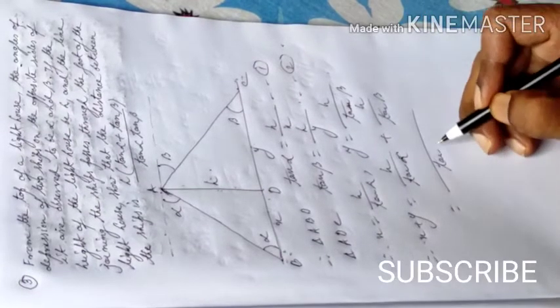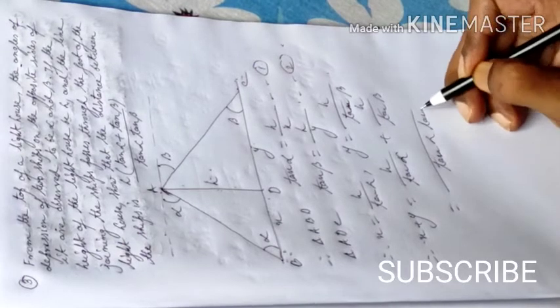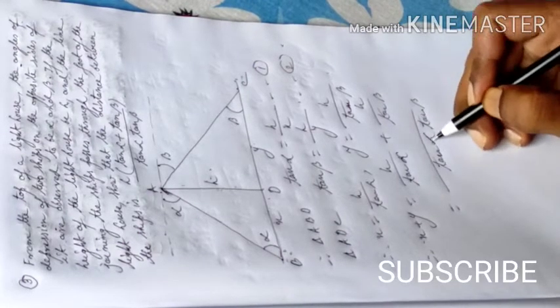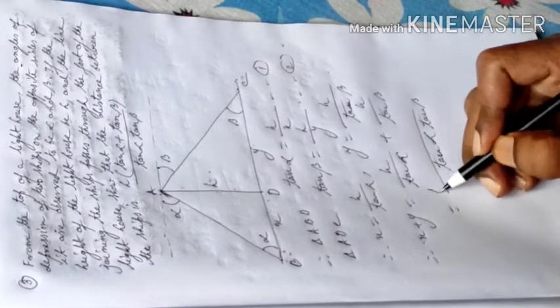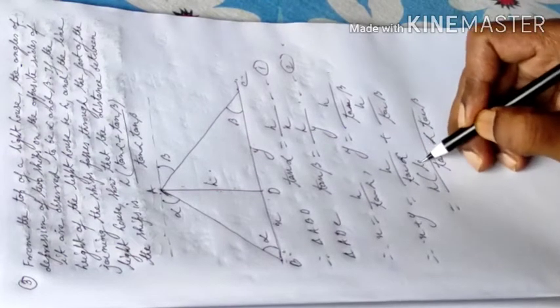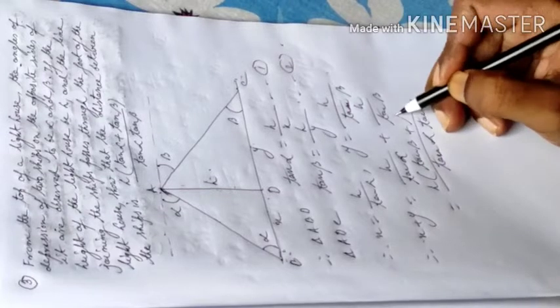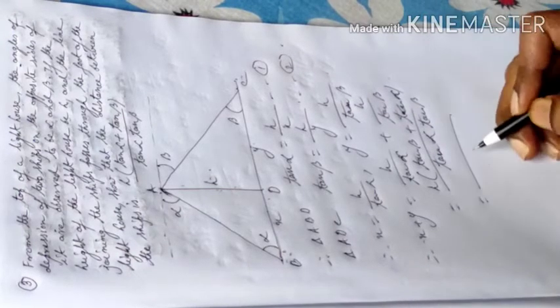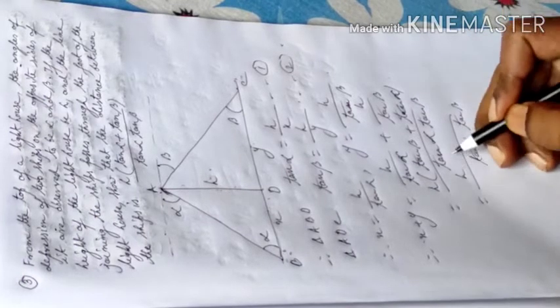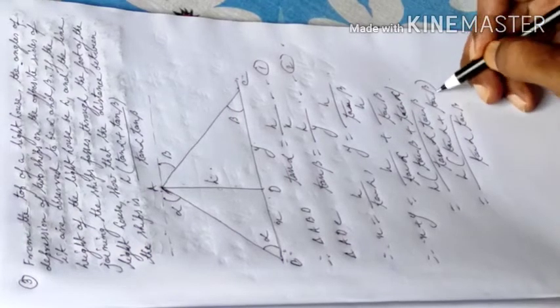The LCM will be tan alpha into tan beta, H common, tan beta plus tan alpha. That is equal to H into tan alpha plus tan beta by tan alpha tan beta. Very easy sum.